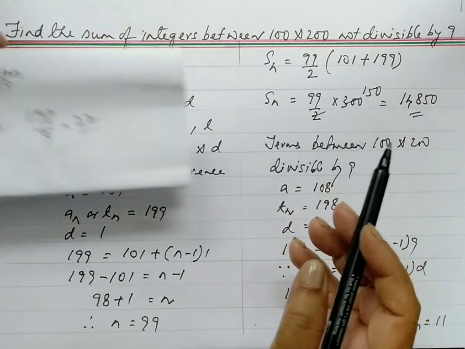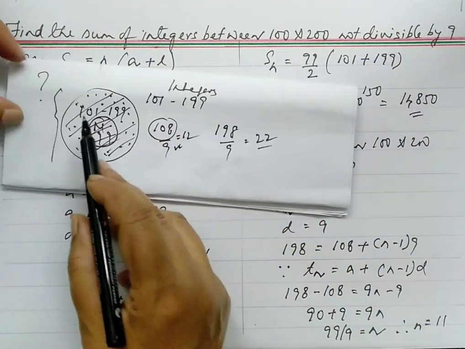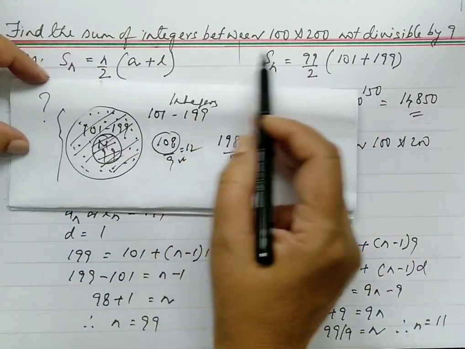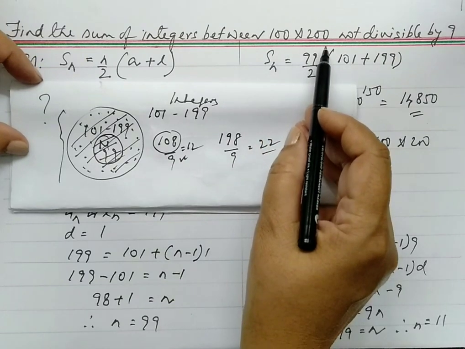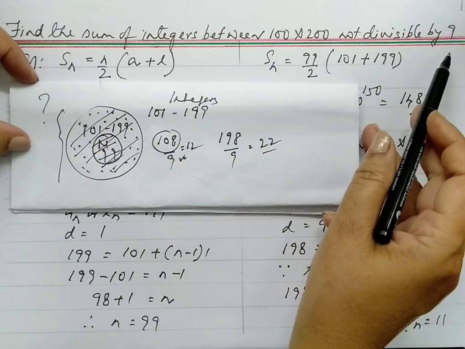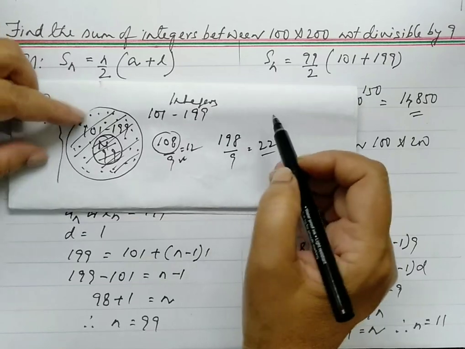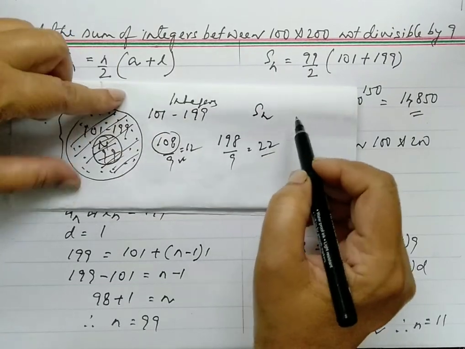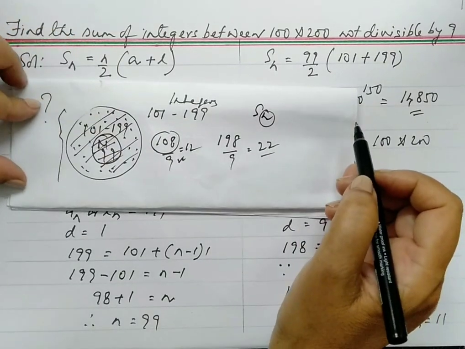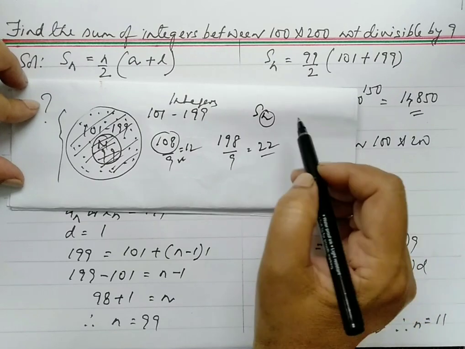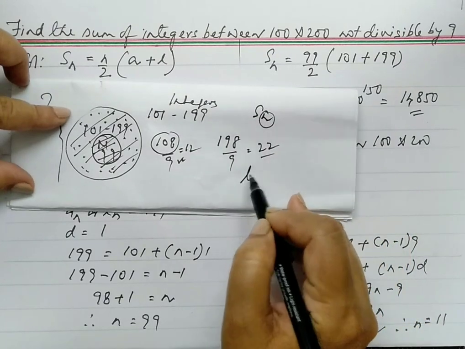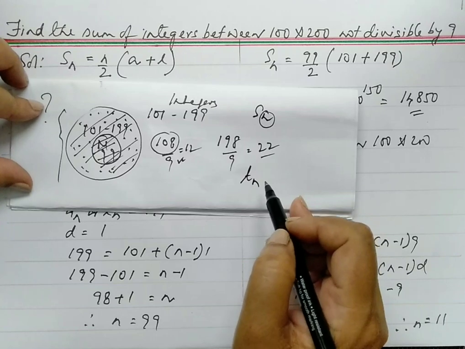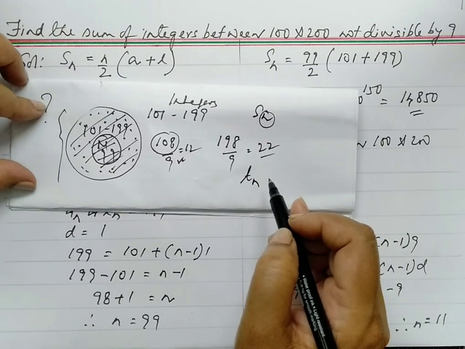My first thing would be to find out the sum of the integers between 100 and 200 not divisible by 9. But can I find the sum unless I know the nth term? Am I right? Which is not possible. So I have to get the nth term, meaning the last term.